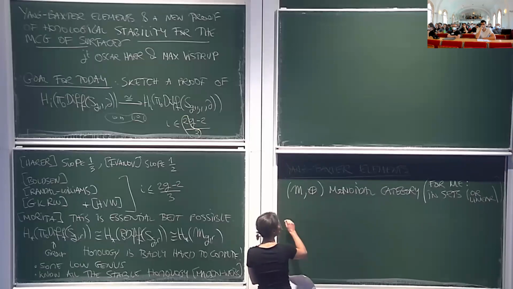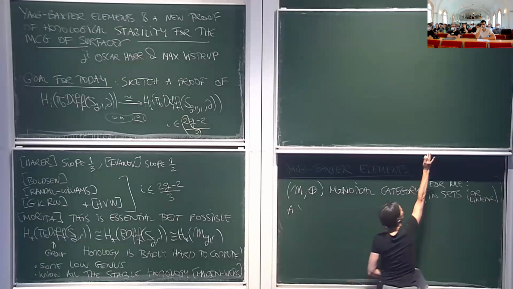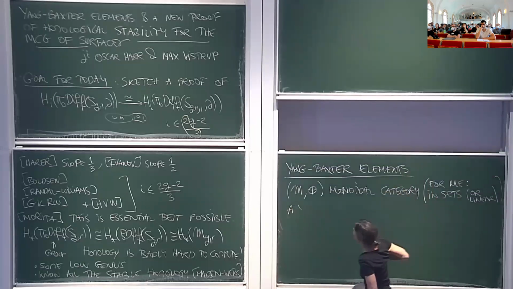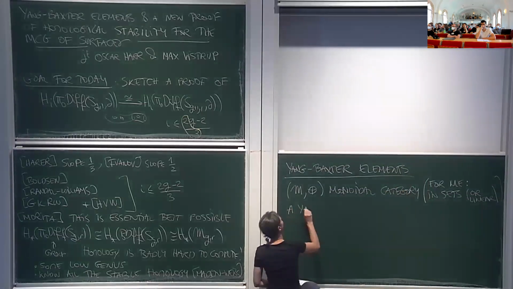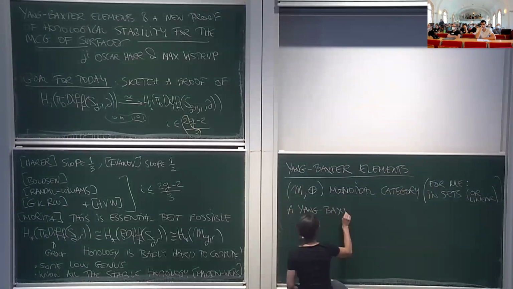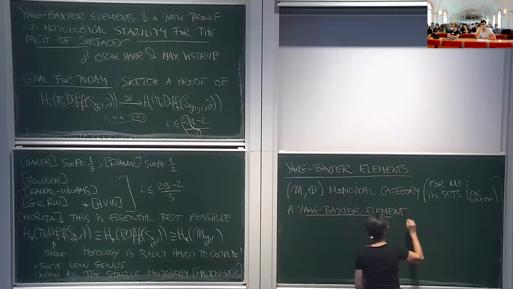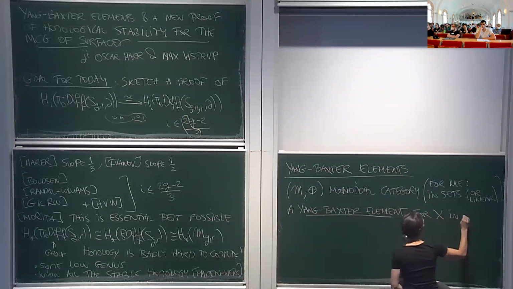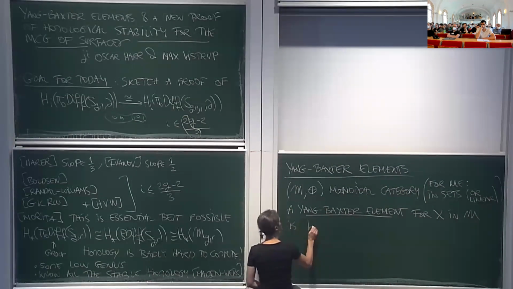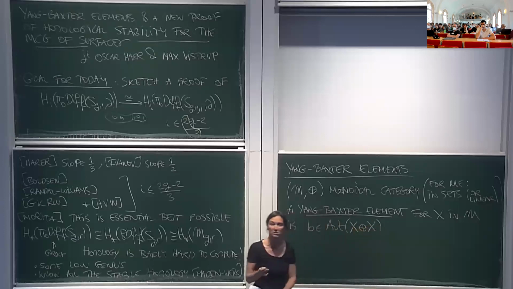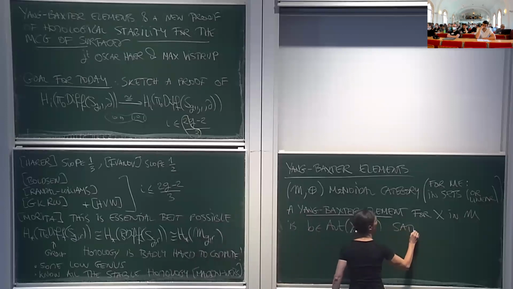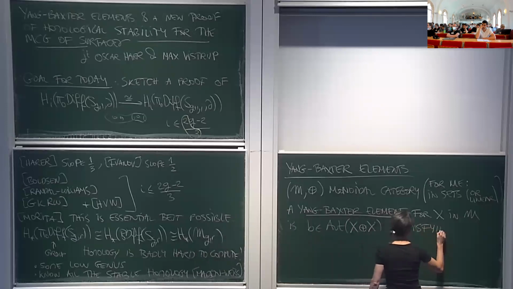Okay, what's a Yang-Baxter element? A Yang-Baxter element for an object X in M is an element B in the automorphism group of X plus X. I can take my object, sum it with itself, and ask for some element, but it should satisfy the so-called Yang-Baxter equation.